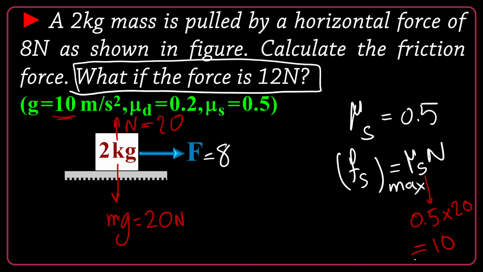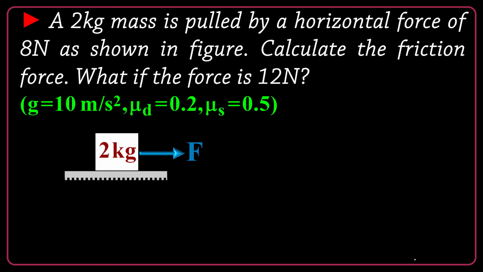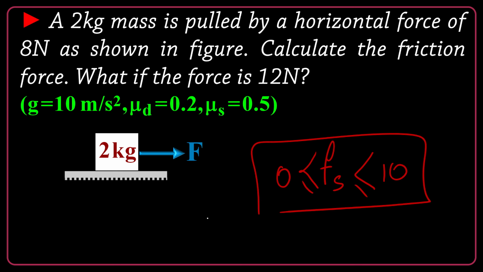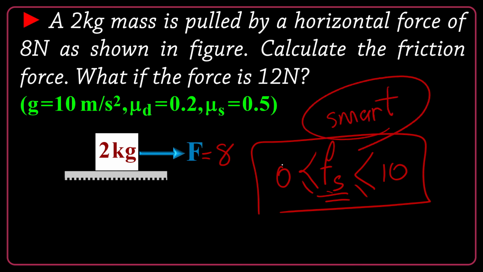According to the given data, static friction is something between 0 and a maximum of 10. It's very good because the given force now is 8. It is crazy to have a static friction like 10 here. It can't be 10. The reason: Fs is very smart. It will adjust itself according to your force. So if you are pulling the object with a force of 8, it will be exactly 8.